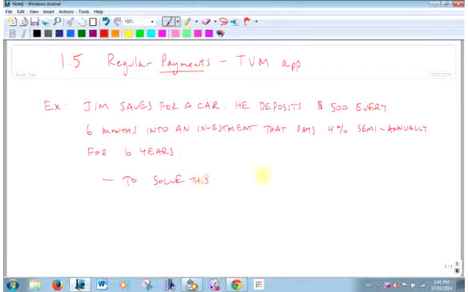To solve this problem without some fancy-dancy software, an app, we need to calculate every payment.